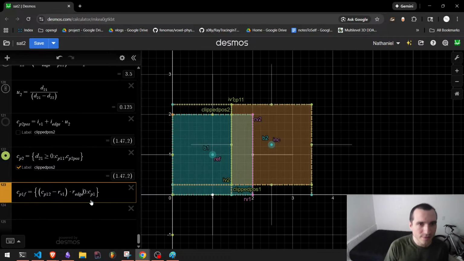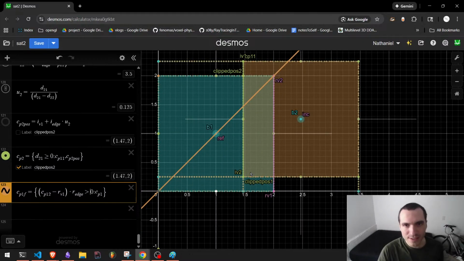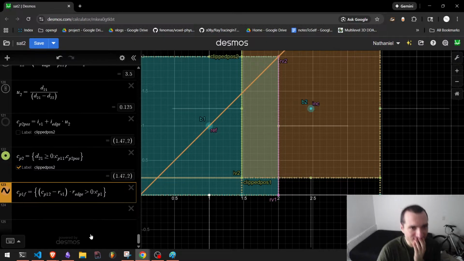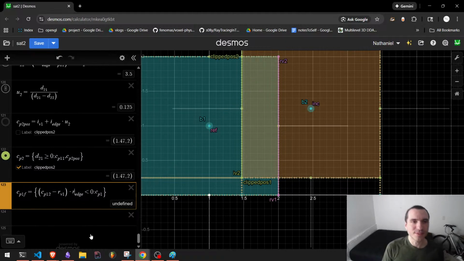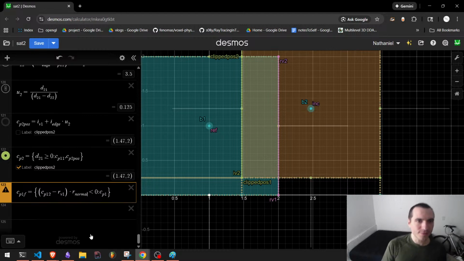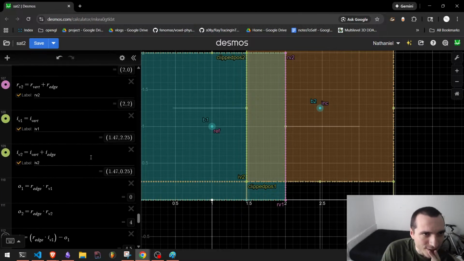Oh. Less than. Greater than 0. Why does that give us... That is bizarre. Clipped pos 1 falls inside the reference edge. It's going to be less than 0 when we dot it with that edge. Or no, I'm thinking of the reference normal. Gotta do the reference normal, right? Reference normal? What did I call it? I'm getting all confused.